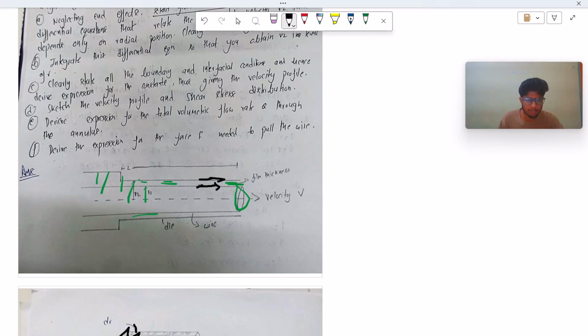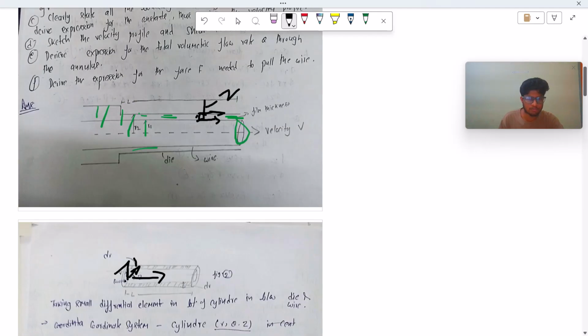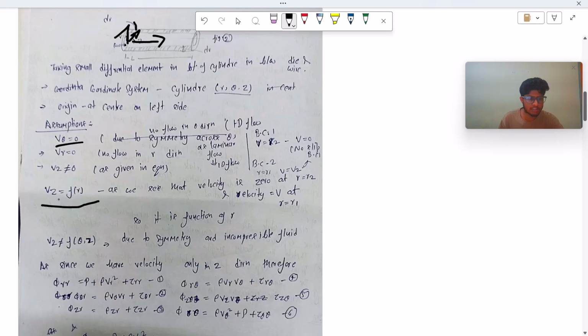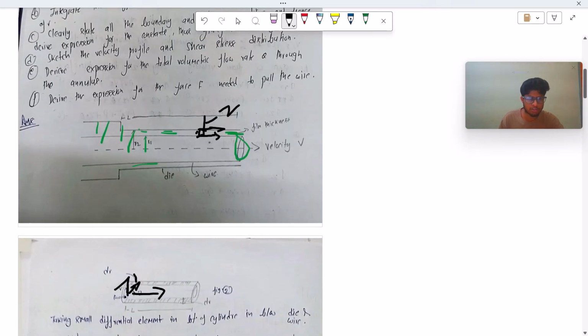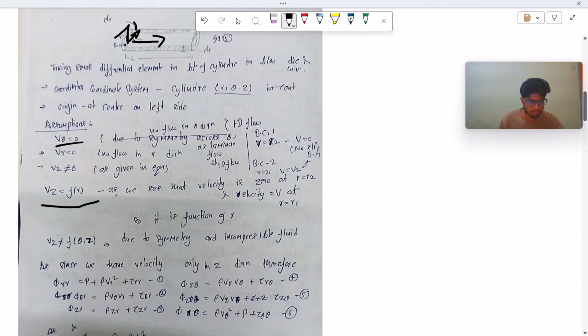It means that there is a variation of velocity in this direction, which is the r direction. So velocity is a function of the r direction.